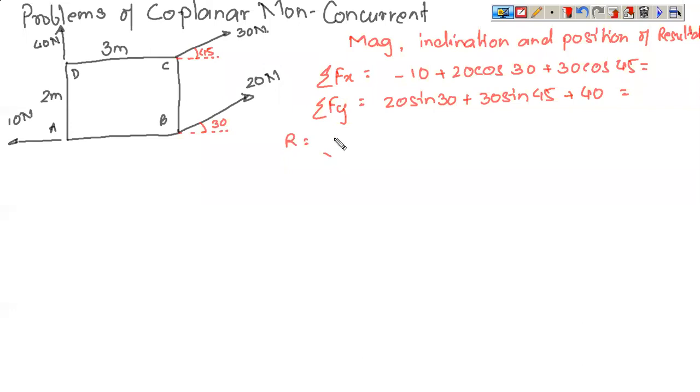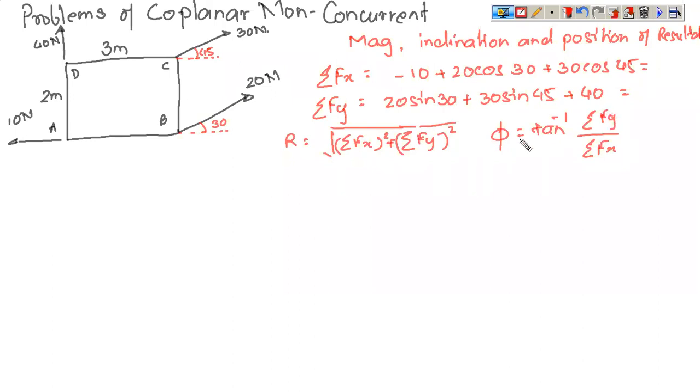Now R, by the parallelogram law of forces, is the square root of sigma fx whole square plus sigma fy whole square. We will find out the value of R. Now phi, the inclination of the resultant with the horizontal, is given by tan inverse of sigma fy by sigma fx.